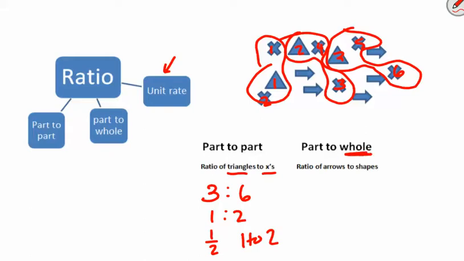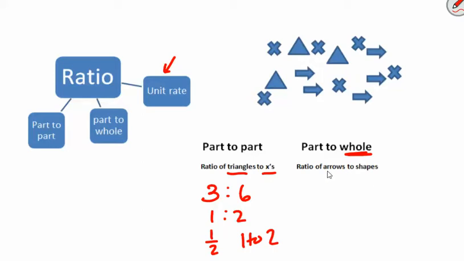All right, part to whole, let me erase this. Part to whole means I'm looking at one thing compared to everything in the picture, the whole, okay? So arrows to shapes. Arrows, I have 1, 2, 3, 4, 5 arrows to shapes.